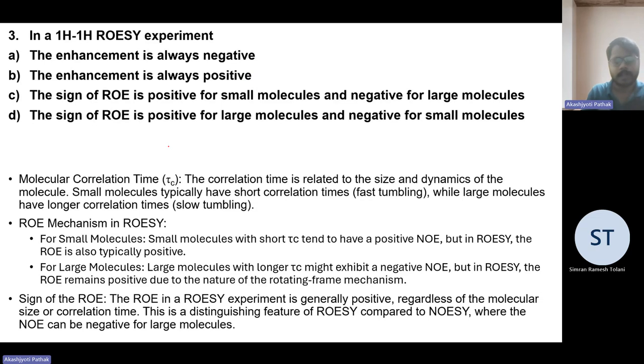The question is: in the 1H ROESY experiment, these are the options.